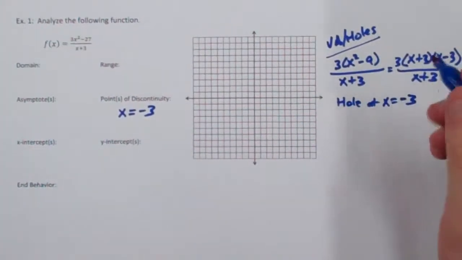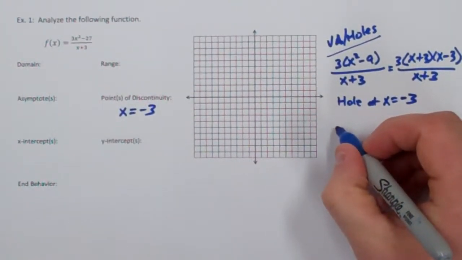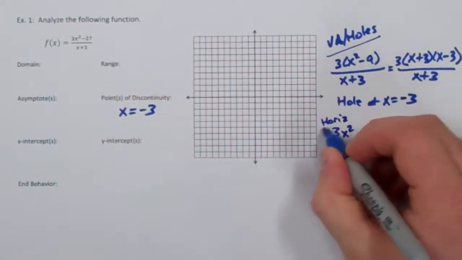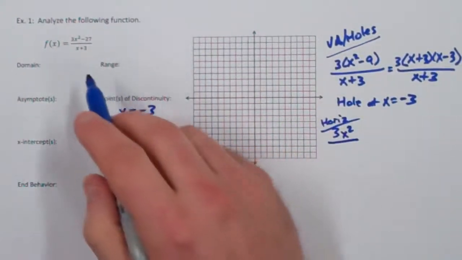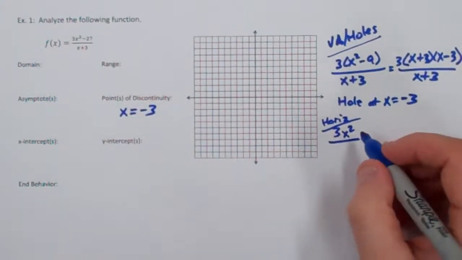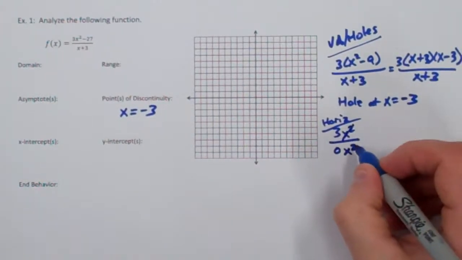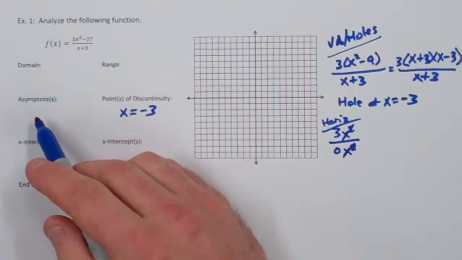We can look at the horizontal asymptote though, or HA. We've got 3x squared, and in the denominator we don't have something squared like x squared, so we need to add a filler in there. And you can see pretty quickly here that we get division by 0, so there won't be any horizontal asymptotes either.